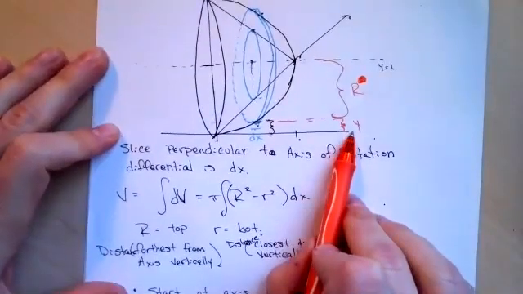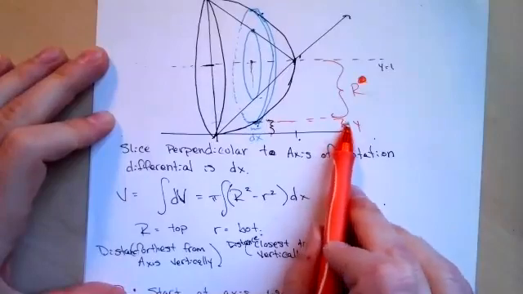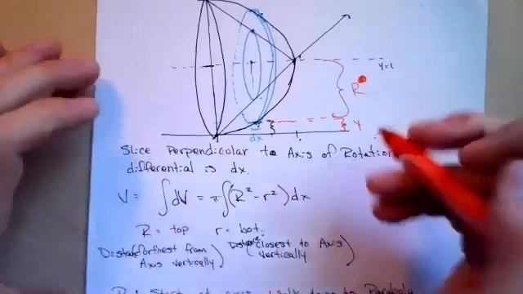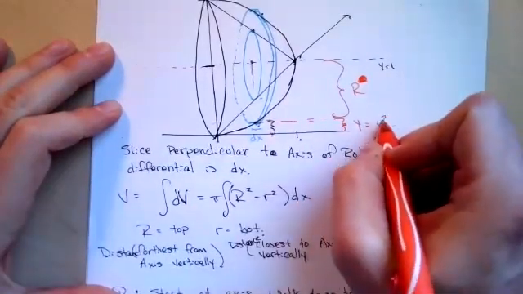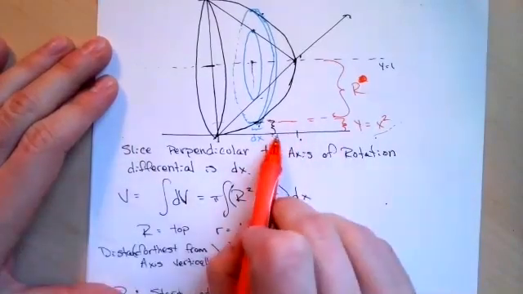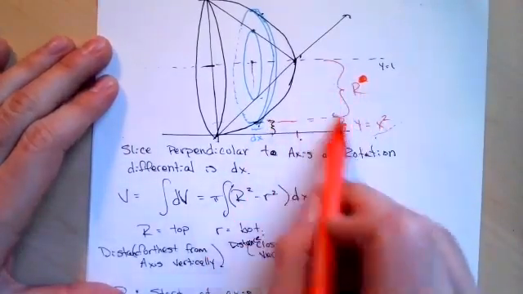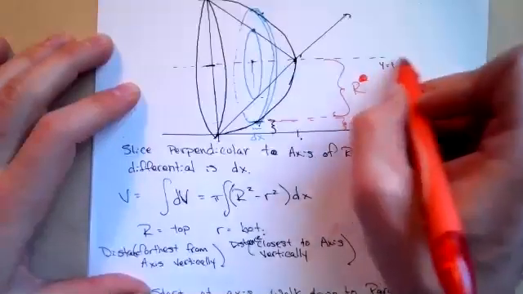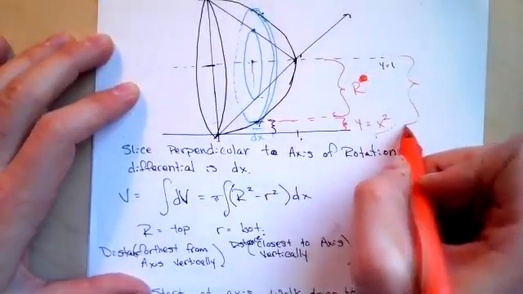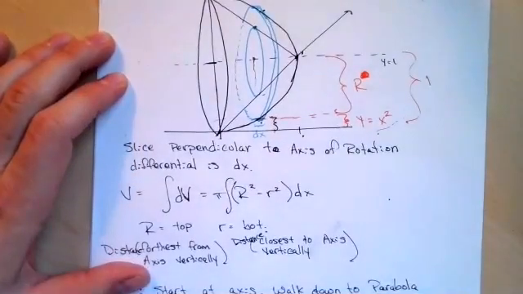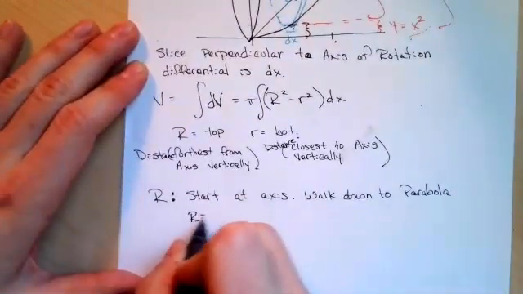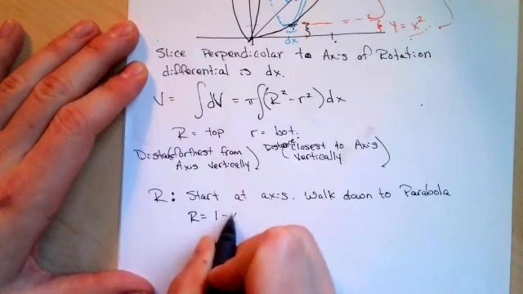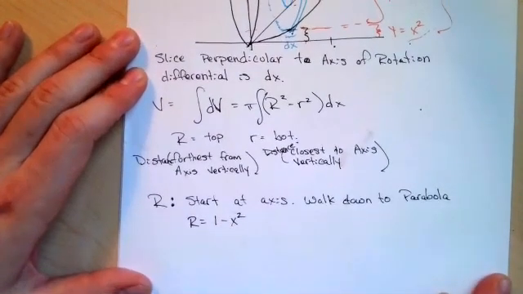This distance here is just y, right? We're walking up, that's a y value. But we know we're walking up to hitting that function, which is x squared. So this vertical distance here is x squared. We want this R value, and the total distance here is 1. So what does that mean? R is going to be 1 minus x squared.